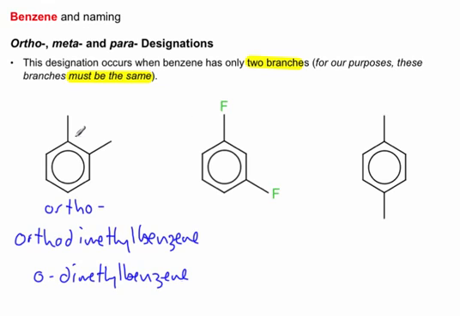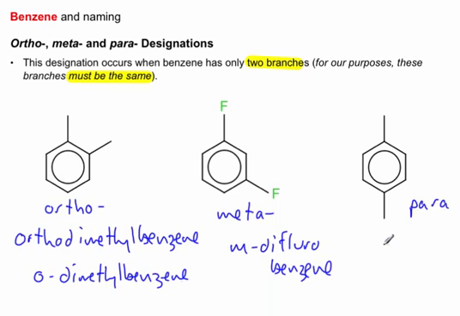So that is not ortho because they're bonded to different carbons of the benzene, and so this is meta designation, and so that would be m-difluorobenzene. And so obviously this last one, again, two methyl branches, that is para, and so that's p-dimethylbenzene.